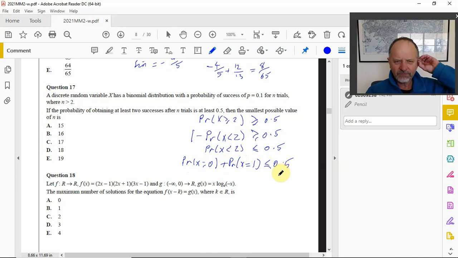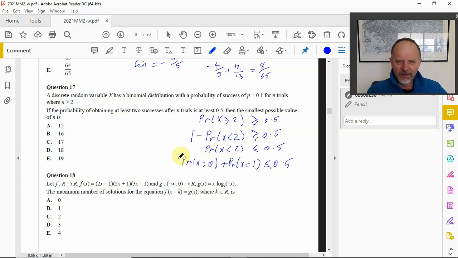Now, we can't just go ahead and use the distribution function because we don't know how many trials there are. But what we do know is how to work out those probabilities, because we can use the definition, the nCr, probability of success to the power, the binomial probability.